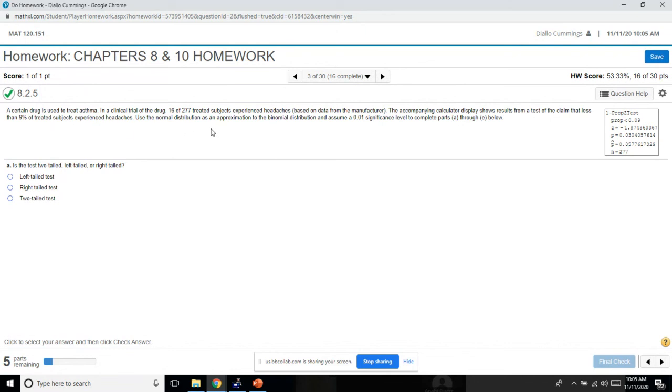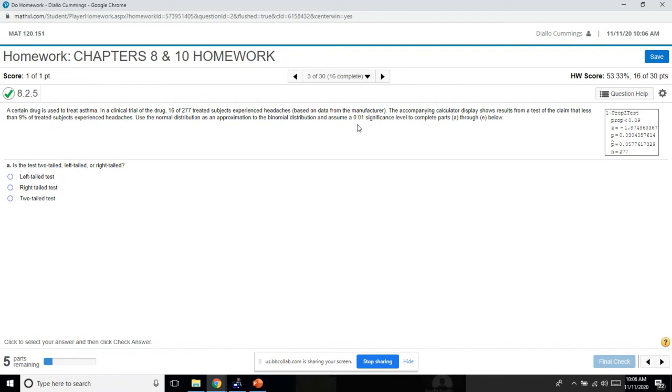Use a normal distribution as an approximation to the binomial and assume a significance level of 0.01. So our significance level is 0.01.